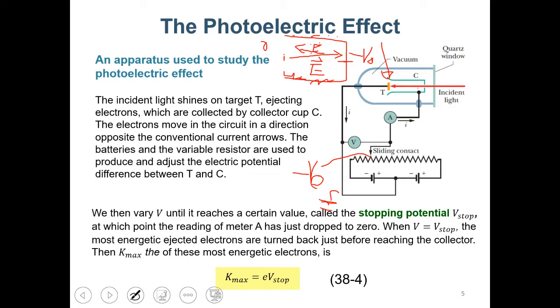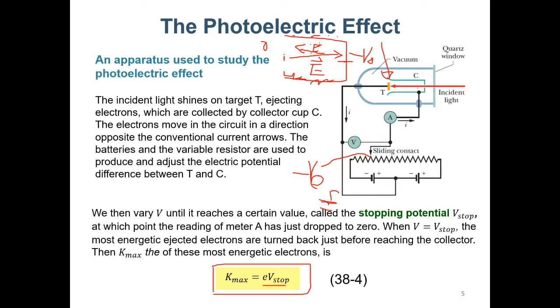But the point is, if Kmax of the electron is as large as eV stop, because the voltage is V0 and the charge of the electron is e or minus e, the potential energy difference between T and the cup is eV0, or here eV stop.